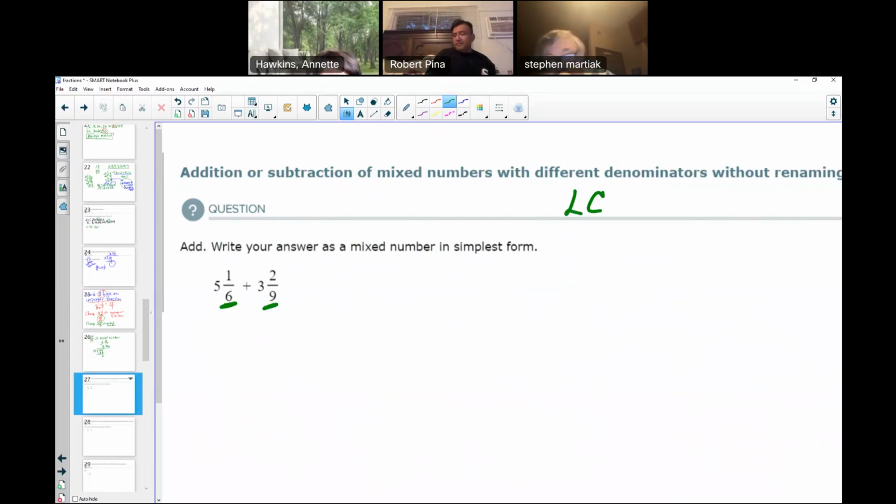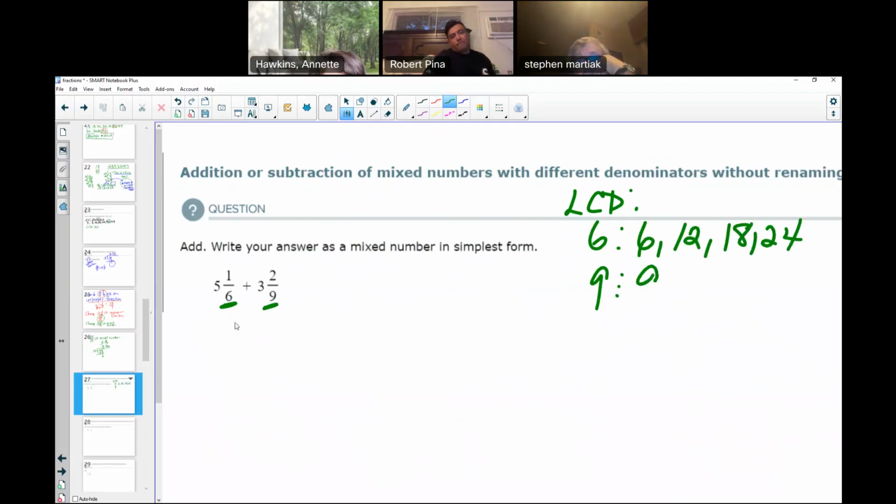We want the least common denominator, and we do the multiple method. We probably already know this one, but we'll go through it. 6, 12, 18, 24. 9, 18, 27. We want the smallest number that they have in common, which is 18.